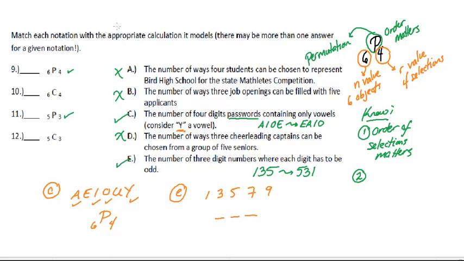So I'll probably tack that up here. So it looks to me like E would match up with 11, and C would match up with 9. So that's probably the most efficient way that you're going to want to work through these.